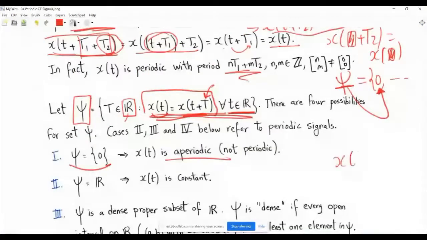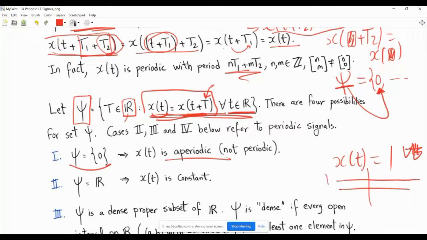If x of t is equal to 1 for every t, which if you plot, is just a line at 1 like this, then x of t is equal to x of t plus big T for every big T you can think of, because the signal is simply constant.